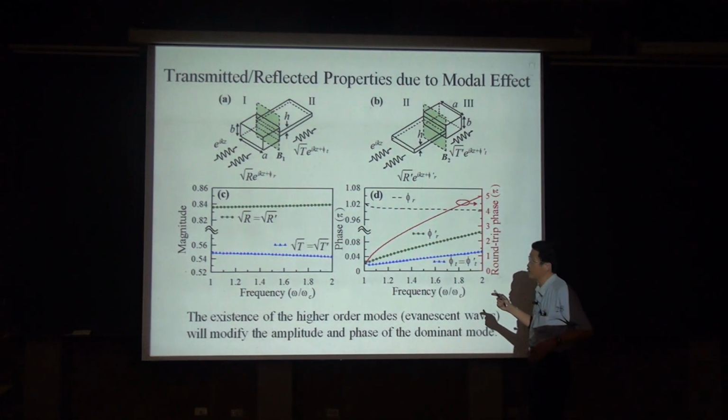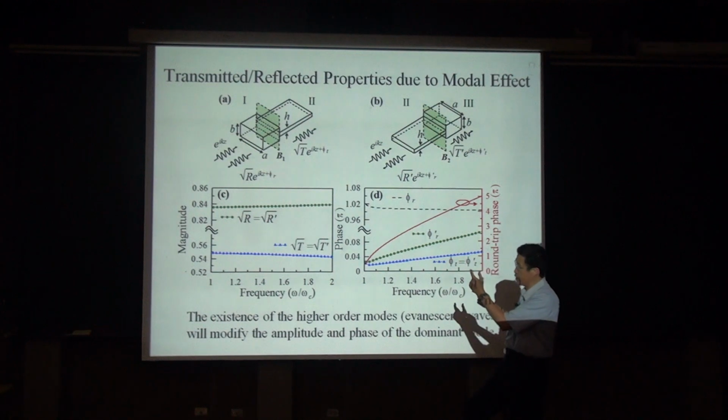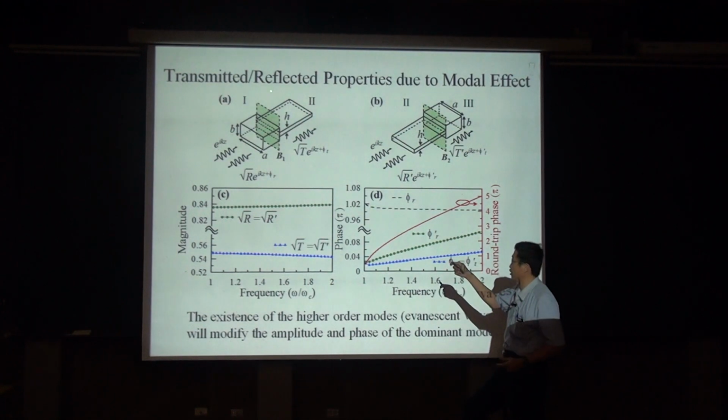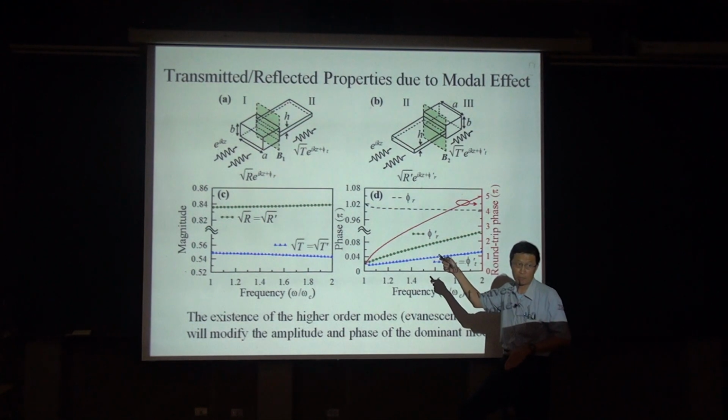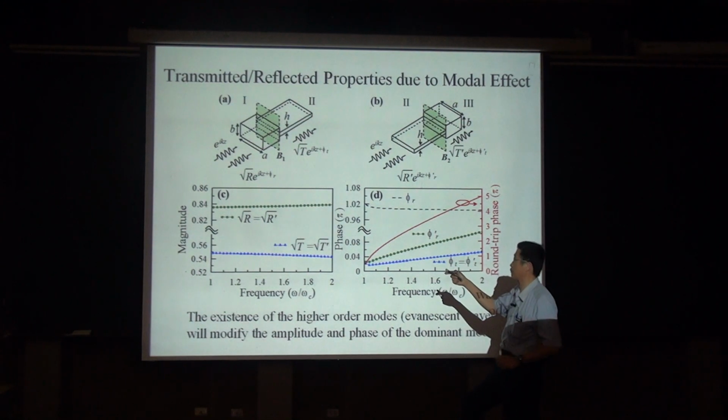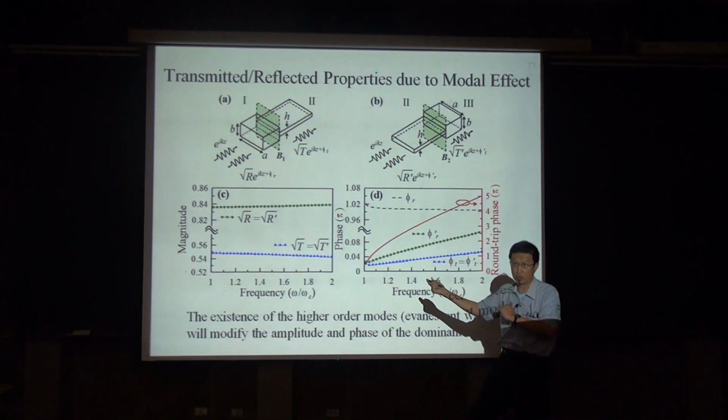In the previous case, the waveguide width is narrow. However, in this case, the waveguide height is changed. So the wave can propagate in this waveguide, and can also propagate in these regions. But what happened here? There is a discontinuity here. We will excite high order waveguide modes, as I just mentioned.